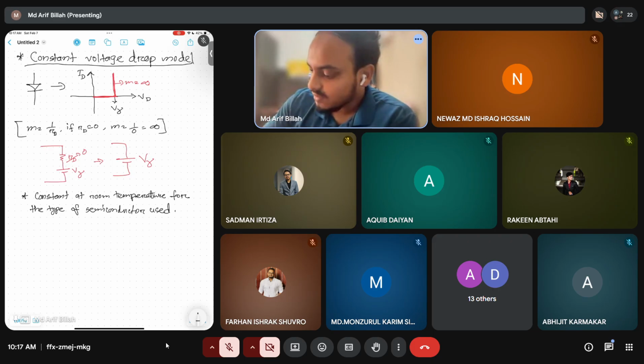It's fixed. So for silicon, we can assume it's 0.7 volts. For germanium, we can assume it's 0.3 volts.